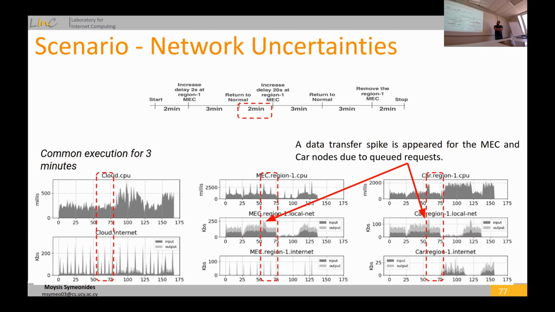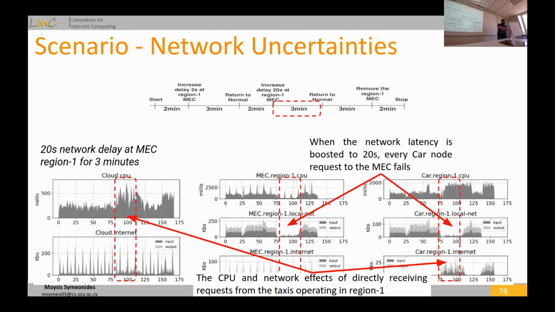After that, we return the system to normal. And as you can see, again, at the beginning of the period, we have a spike because the requests start to go to the local network rapidly. Then we introduce a very high network delay.